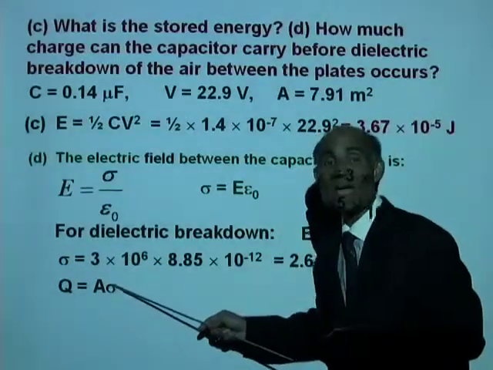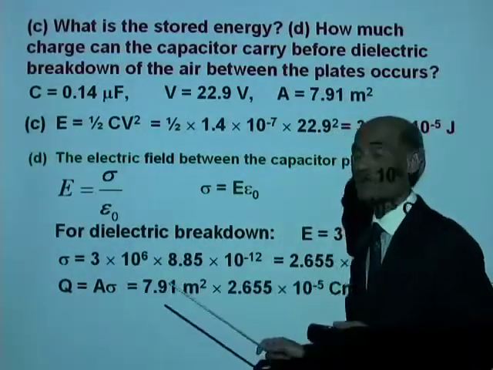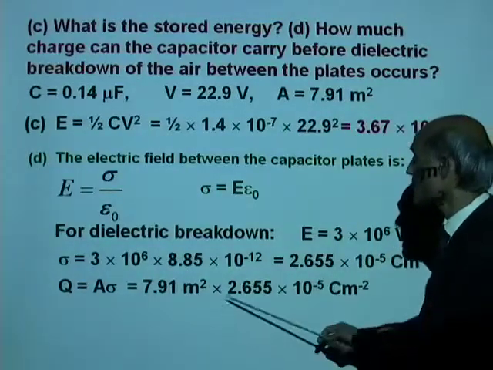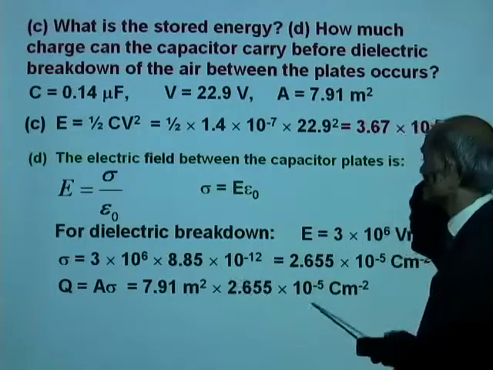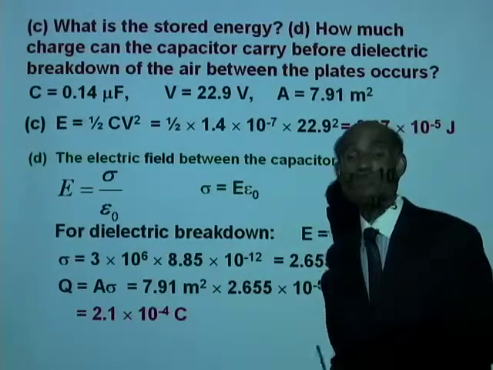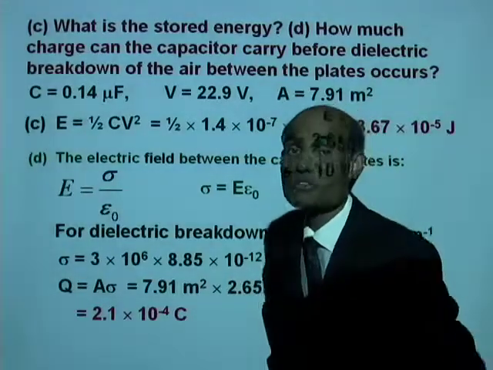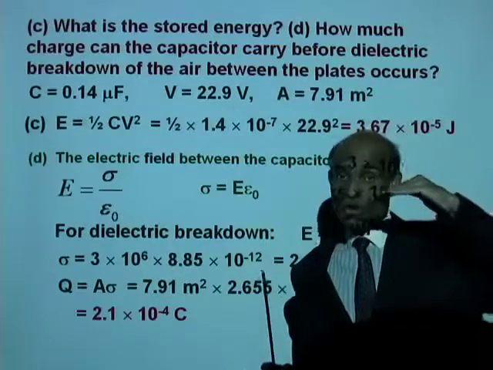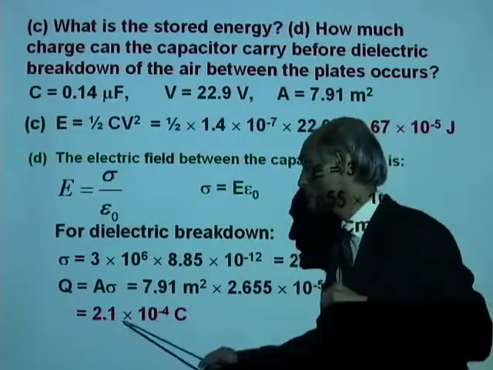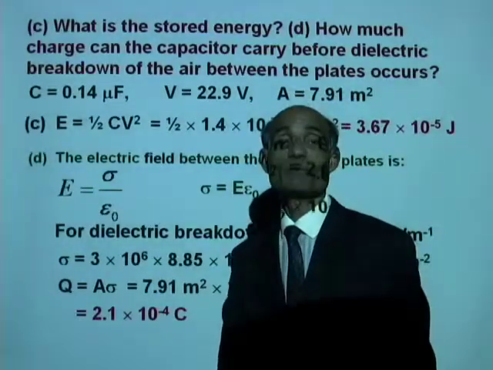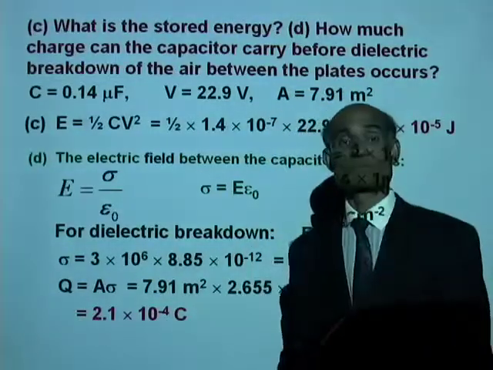Q equal to A times sigma, where area is 7.91 meters squared and sigma we just calculated. Therefore Q, the maximum amount of charge the capacitor plates can hold before dielectric breakdown occurs, is 2.1 times 10 to the negative 4 coulombs.